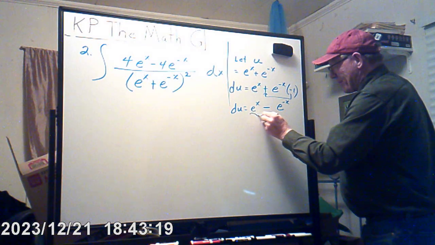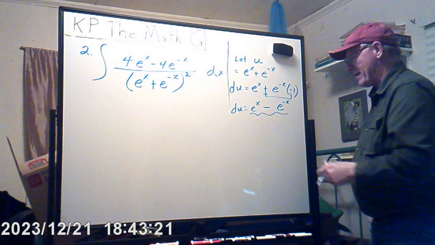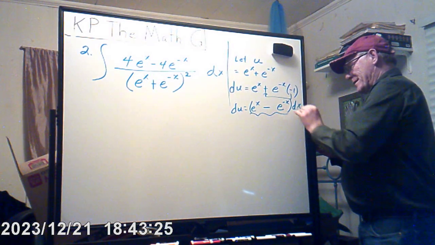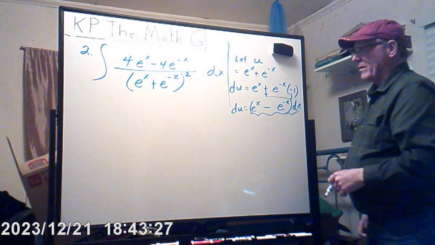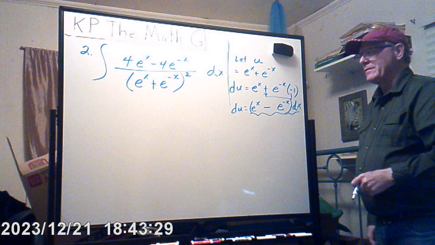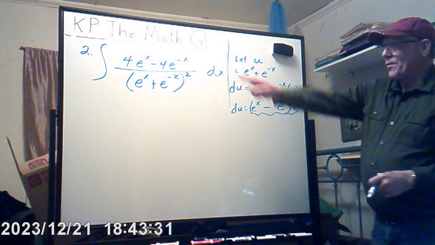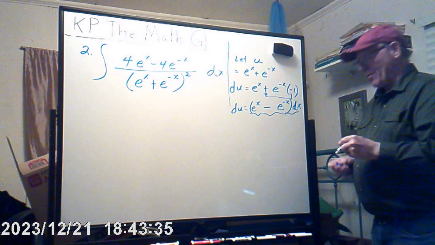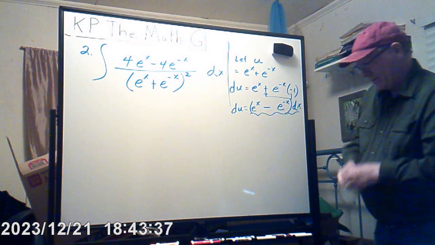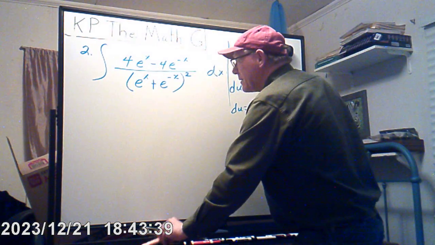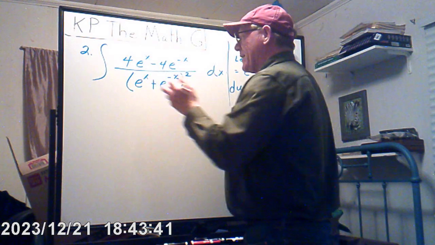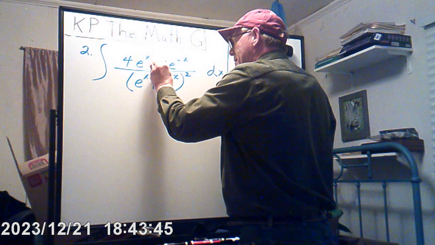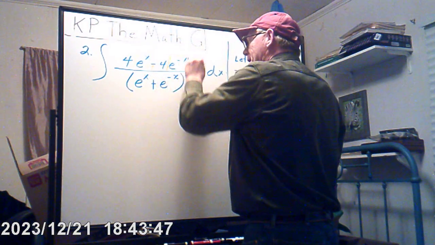Now, by the way, dx. Well, you don't have a 4e to the x minus 4e to the negative x in du. But what do I have? I do have e to the x minus e to the negative x, don't I?